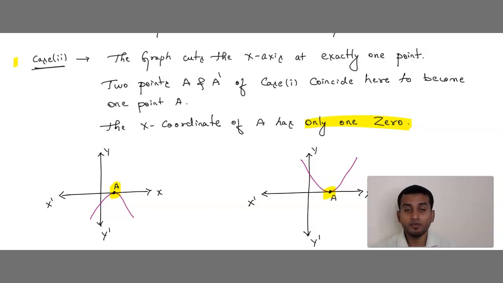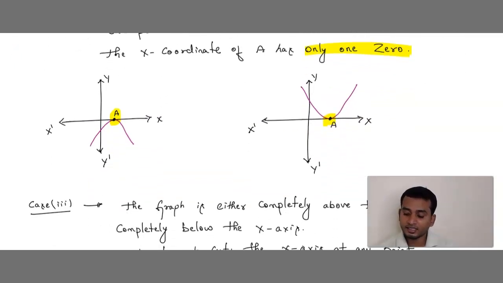When we solve the quadratic polynomial and get two answers that are the same, the x value is 2 and the other x value is also 2, then we get this type of graph. So the number of zeros is only 1.